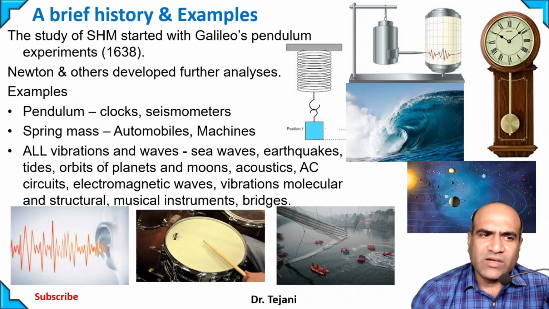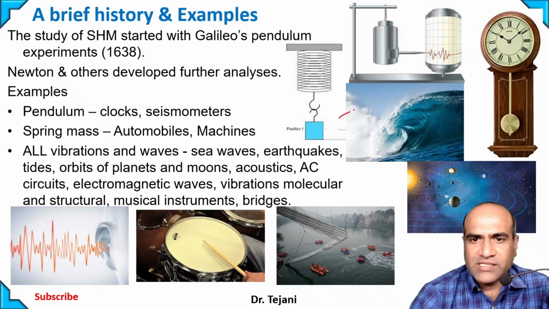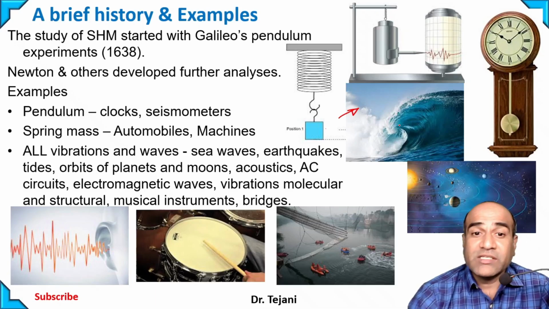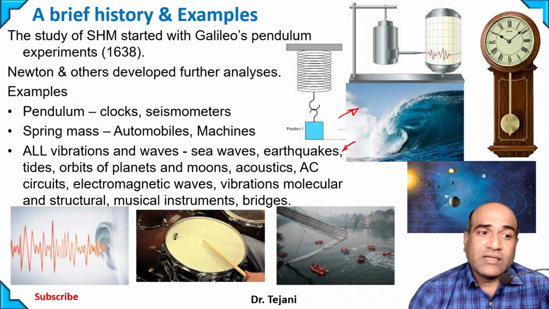Then we can see all the vibrations, waves, sea waves. You can see here there are sea waves, which have simple harmonic motion, maybe an earthquake, right? A tide, orbits of planets, moons, acoustics. That means whatever we hear, a sound, is also a simple harmonic motion.